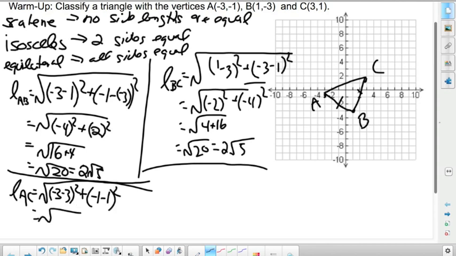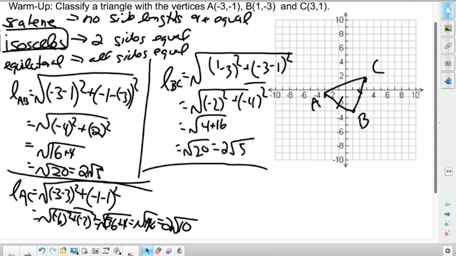So that's equal to -6 squared plus -2 squared. And that's equal to square root of 36 plus 4, which is root 40. Okay, so we can tell right now this is not scalene, this is an isosceles triangle.